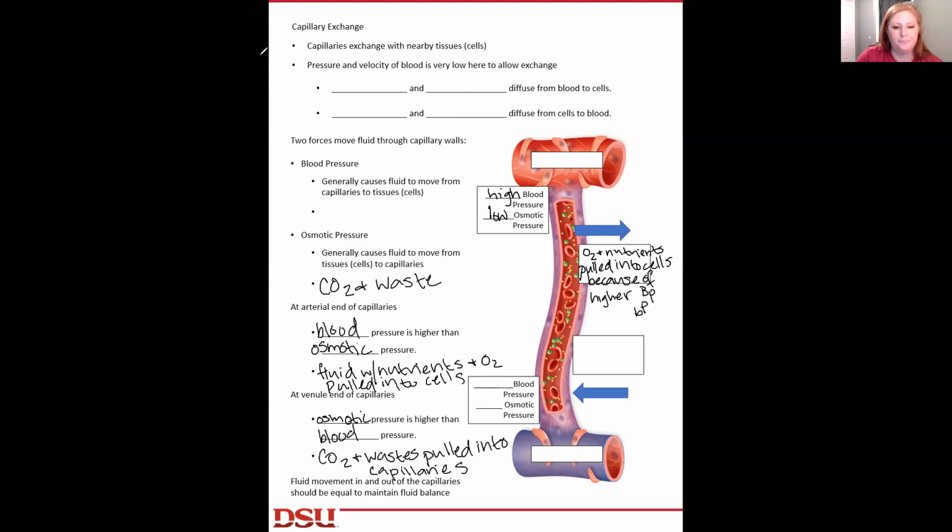That's that one. Then we have low blood pressure, high osmotic pressure.